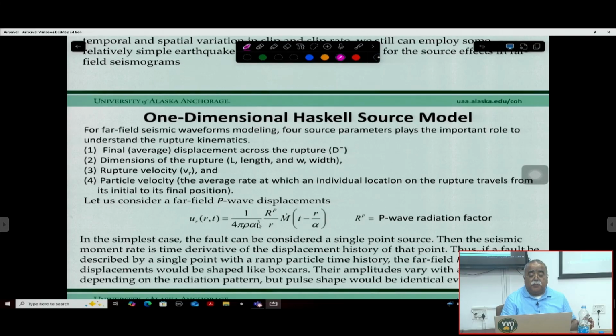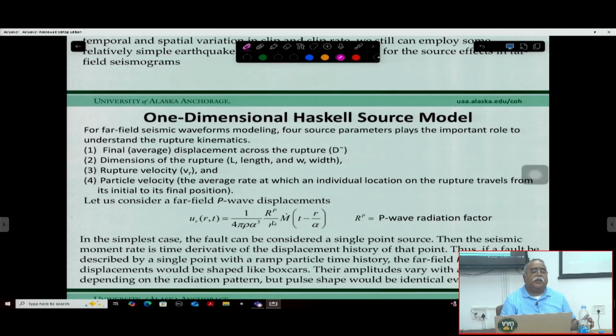Into R_p divided by R. This is what you have already learned in the stochastic modeling, that this is your radiation factor, which is the R theta phi in case of your stochastic radiation, and we have assumed it to vary from 0.55 to 0.6. And this 1 by R is the geometrical spreading.